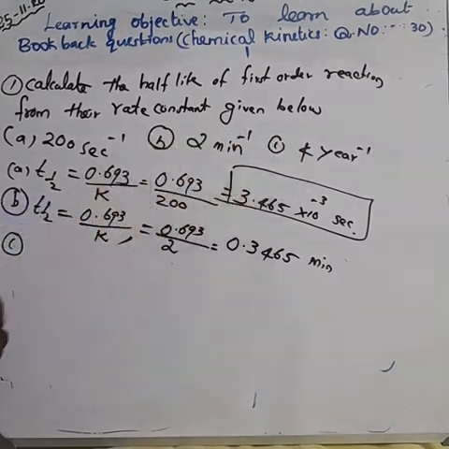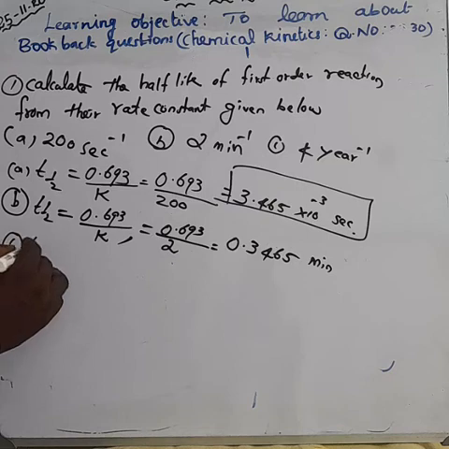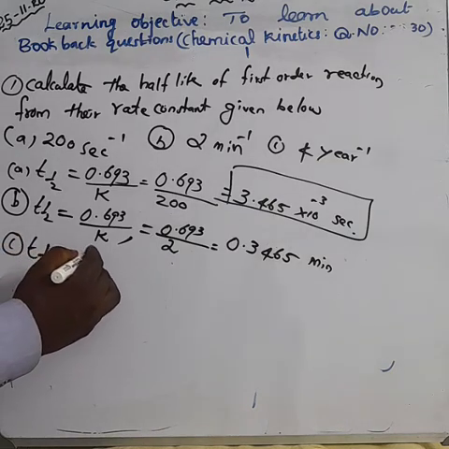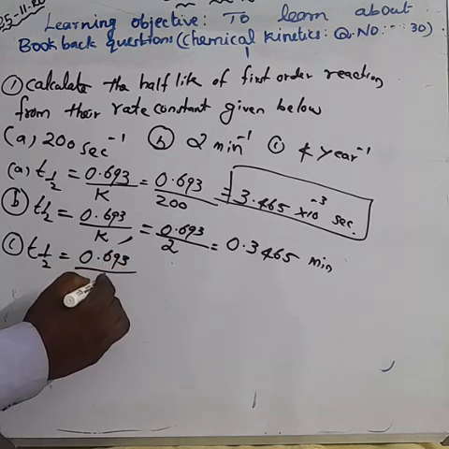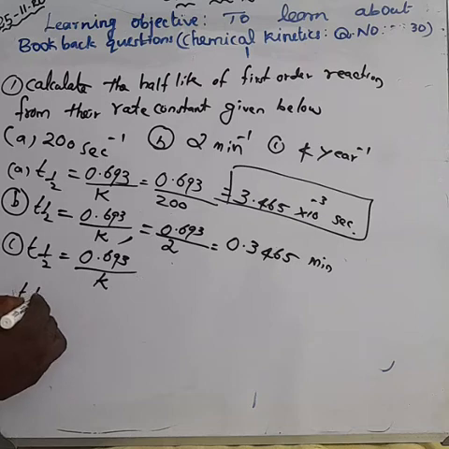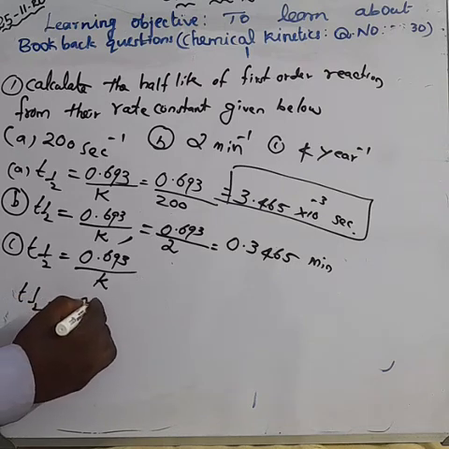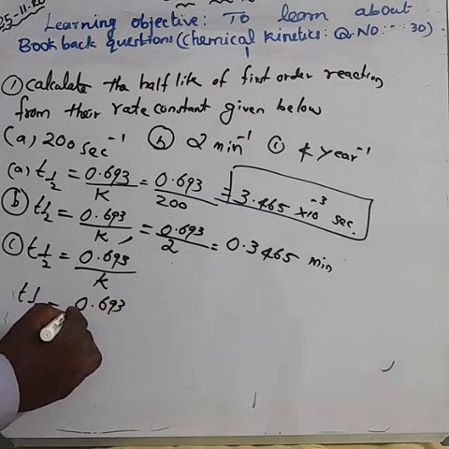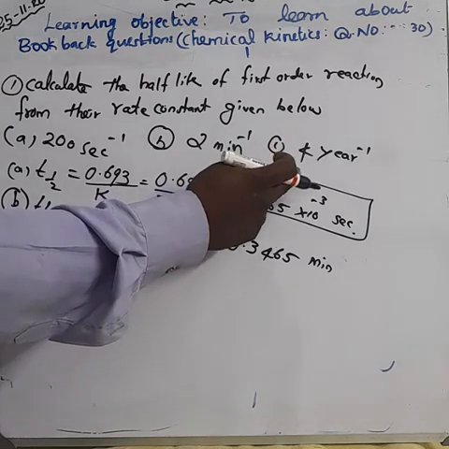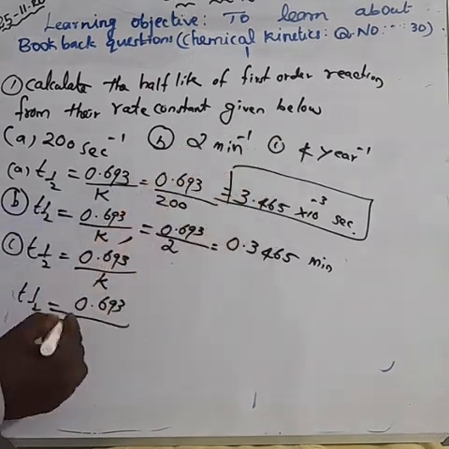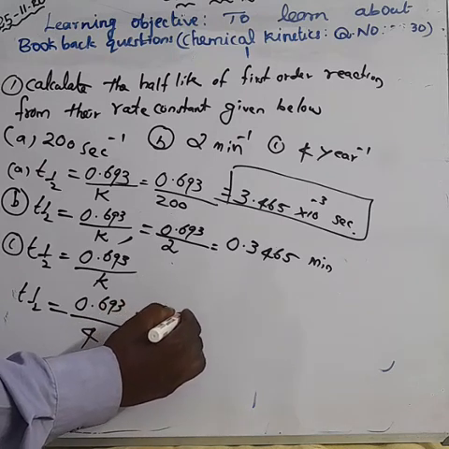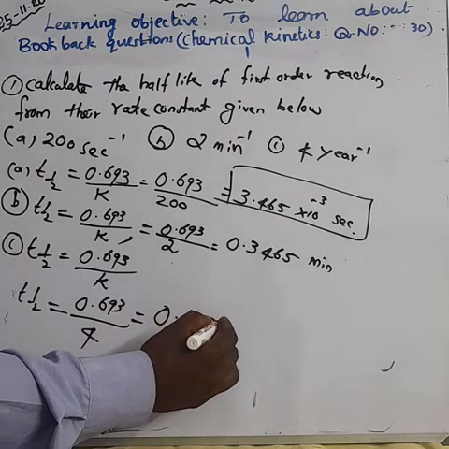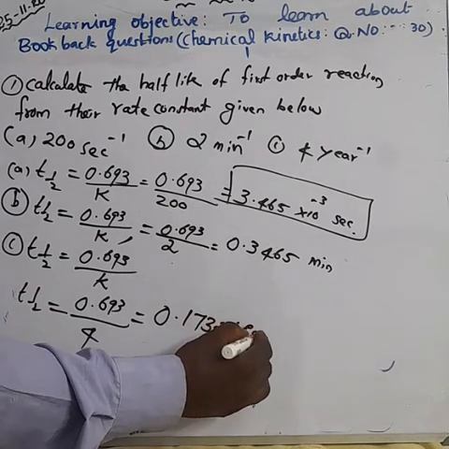Next, C. For 4 years inverse, we have to find the half-life period. T half is equal to 0.693 divided by k, so T half is equal to 0.693 divided by 4 years, which is equal to 0.1732 years.